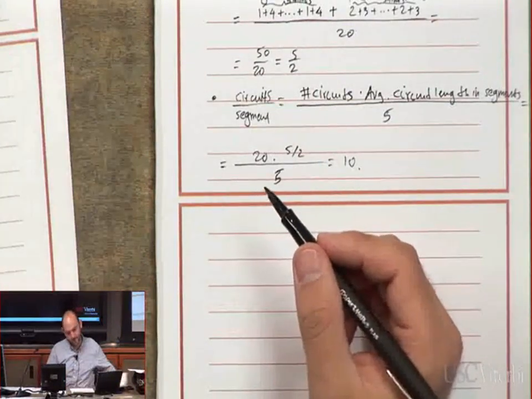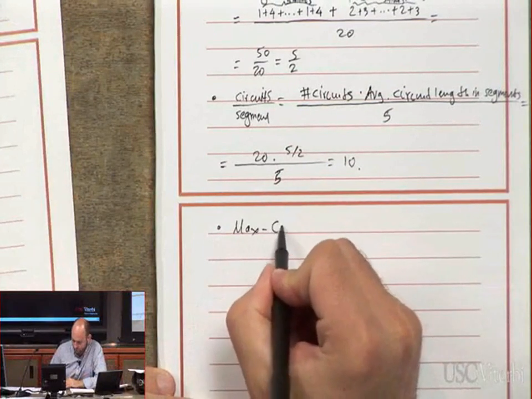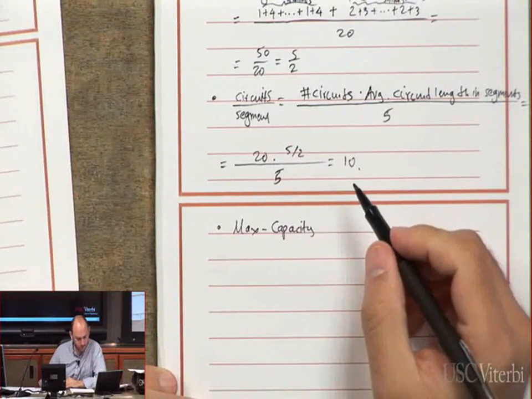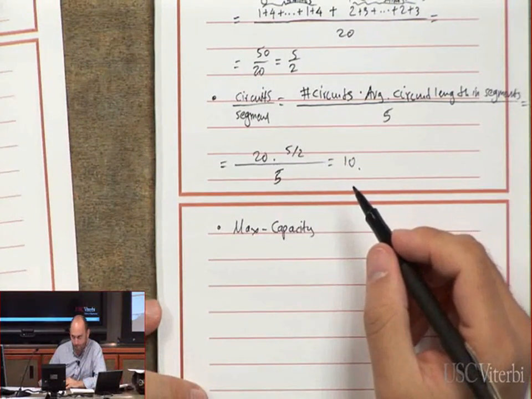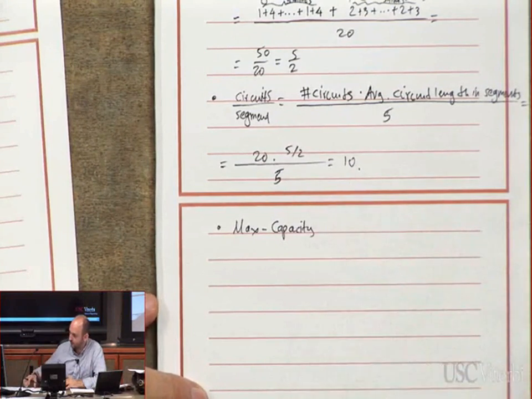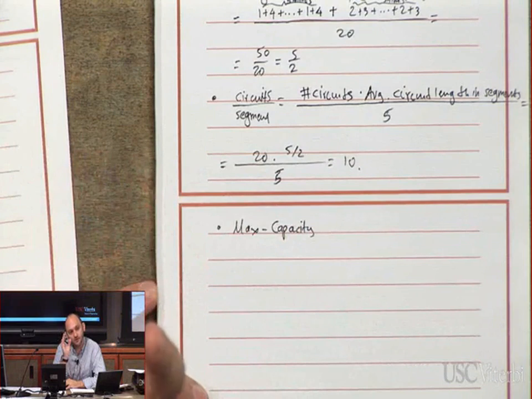So now, with that said, maximum capacity per segment, or per circuit. No, it's not per circuit, it's per segment, because per segment we know it's OC-192.